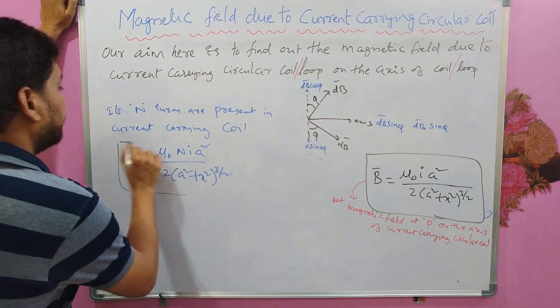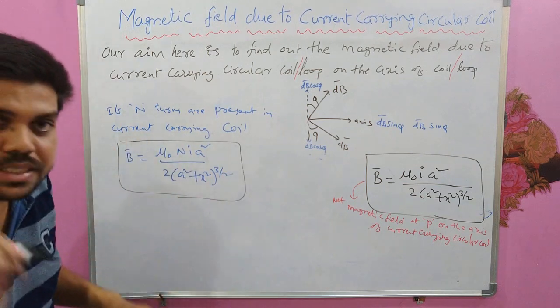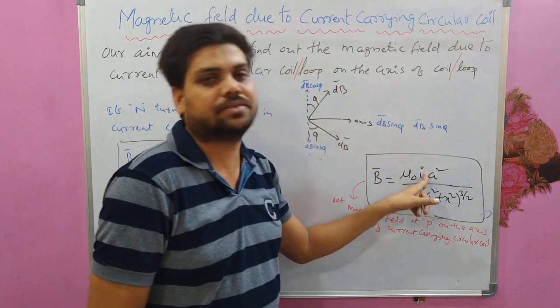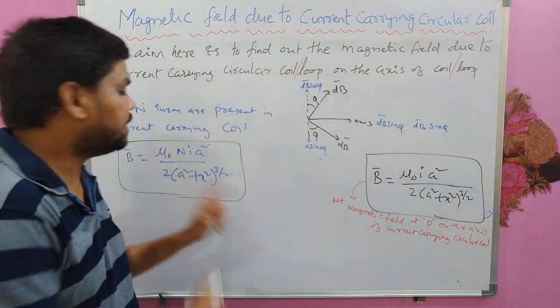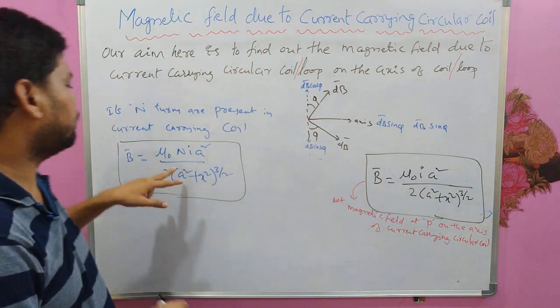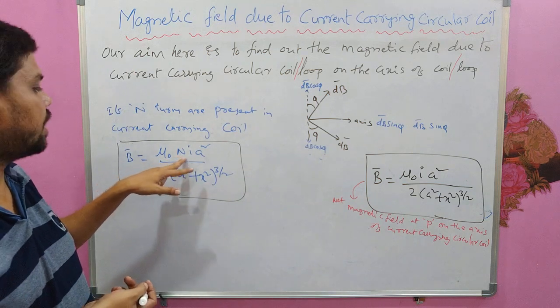If there is 1 turn, n will be equal to 1, and that is this. If there are n turns in the coil, this formula will be changing like this, NIA square.